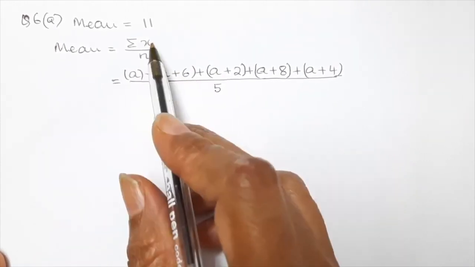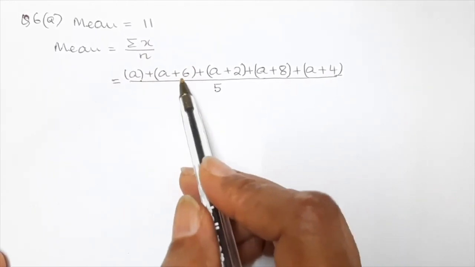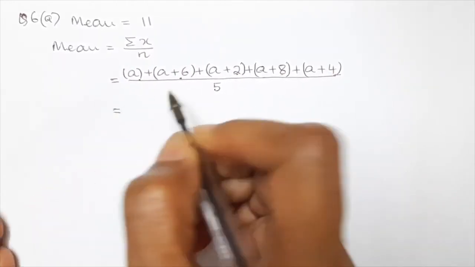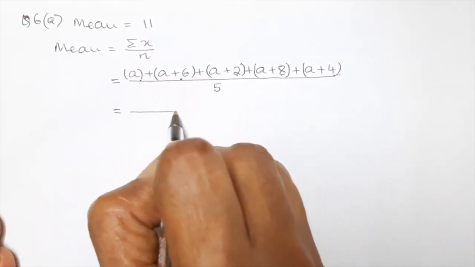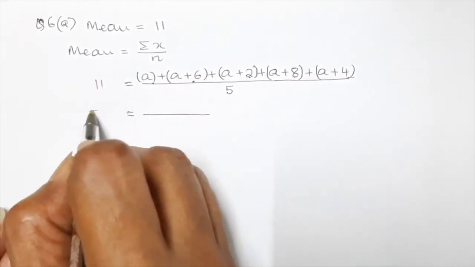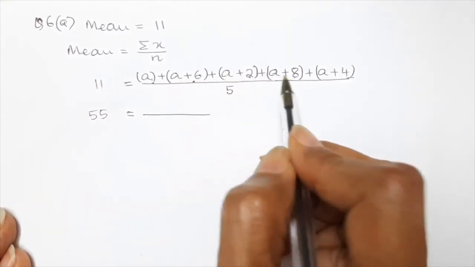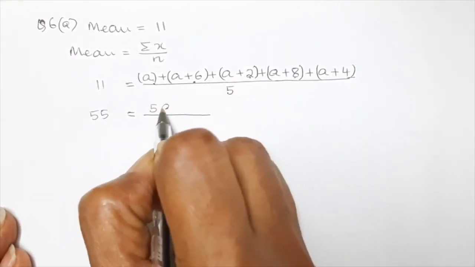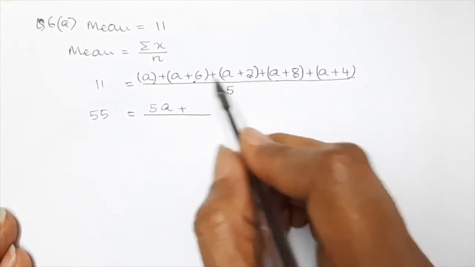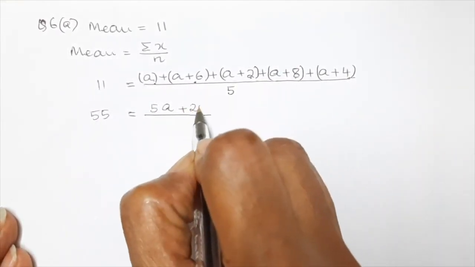What is x? X represents the observations. How many observations are there? 1, 2, 3, 4, 5. So mean is 11. So 11 into 5 is 55, which is equal to 5A plus 6 and 2, 8, 8, 16, 16 and 4, 20.